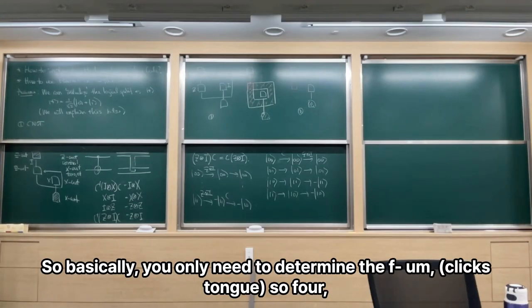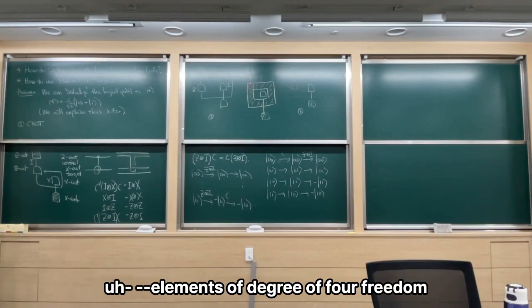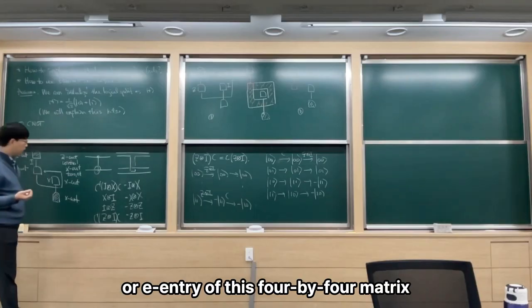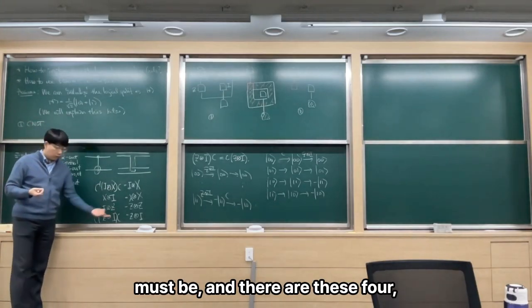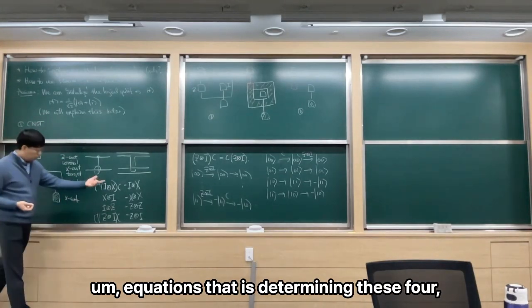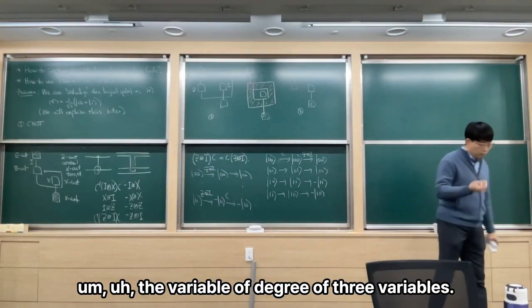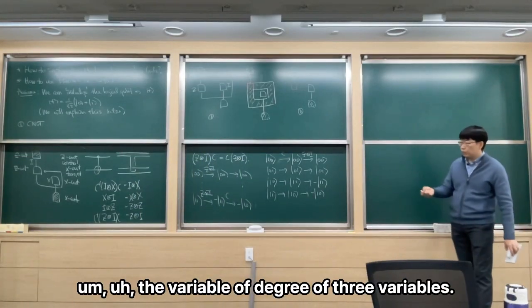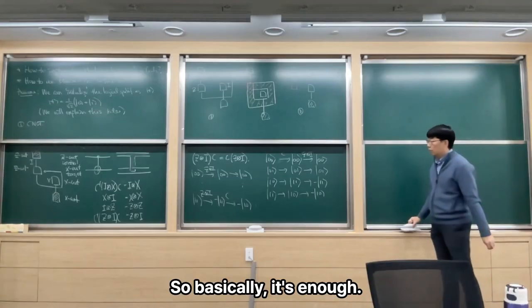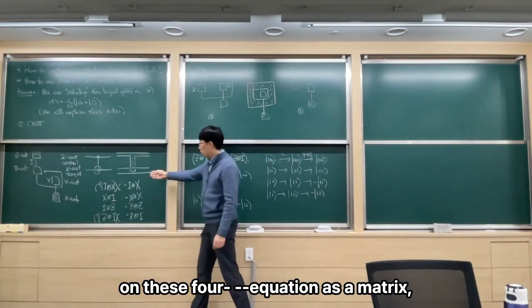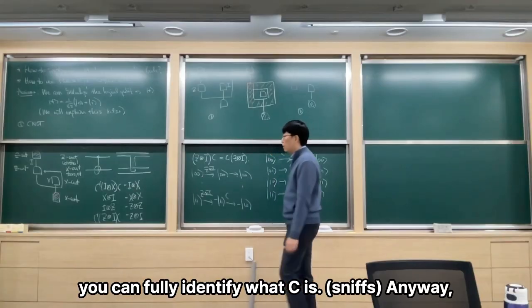So you only need to determine the elements: there are 4 degrees of freedom to choose the entries of this 4x4 matrix, and there are 4 equations determining them. So it's enough; by working on these 4 equations as a matrix, you can fully identify what Z is.